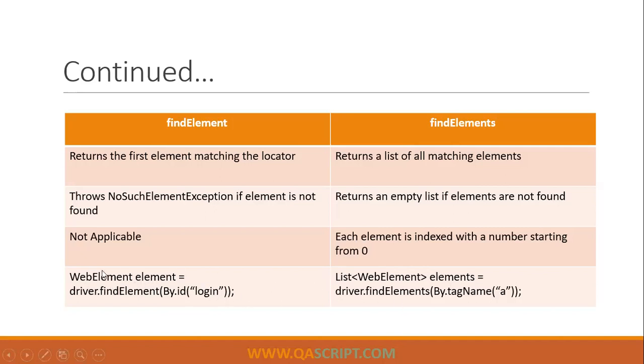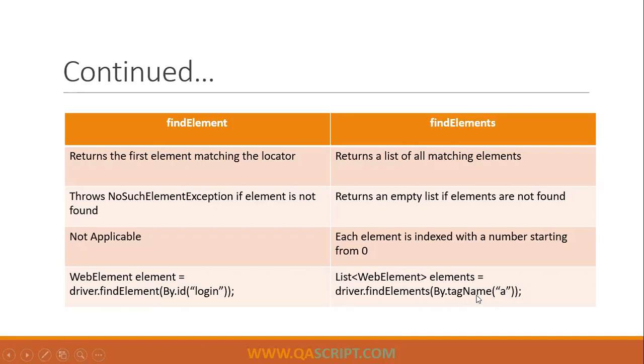We already saw the find element syntax. This is the find elements syntax. So we declare a list type of web element here, right? And then this list will contain all the elements which are identified by this particular locator strategy.